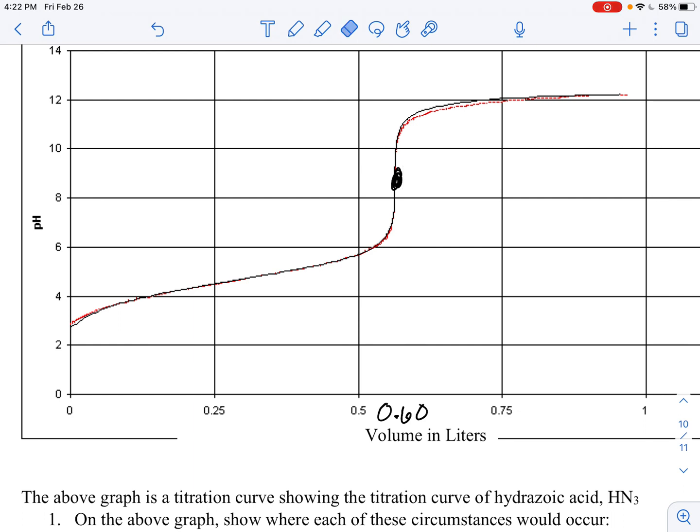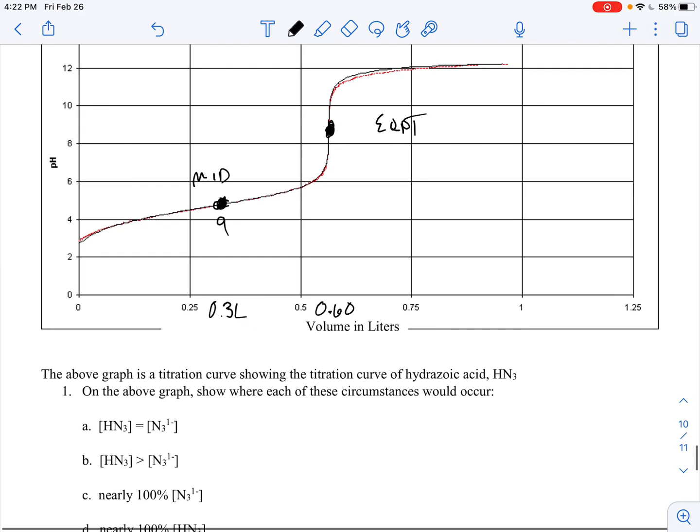So if my equivalence point is at 0.6 liters, then 0.3 liters is around here. That's my midpoint. That's the equivalence point, and that's the midpoint. That would be part A.